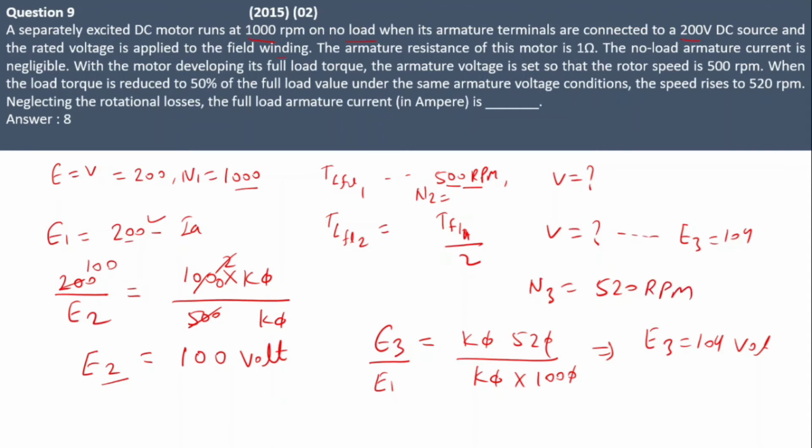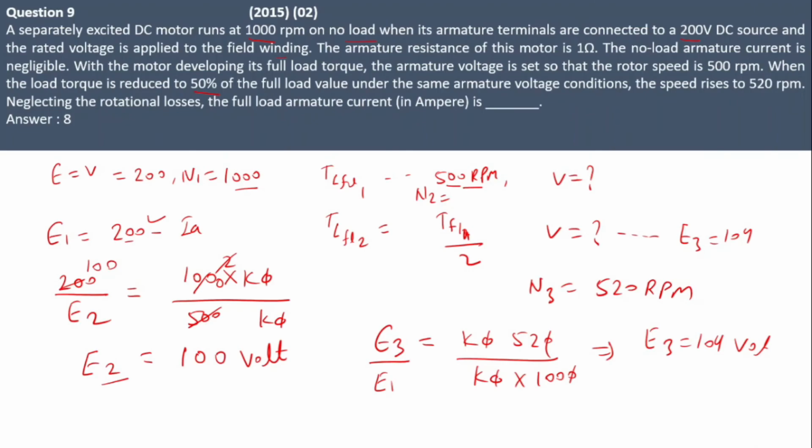So another relationship you can find out from this condition: armature current negligible and motor developing its full load torque, the speed rises to 520 rpm when the load torque is reduced to 50%. Okay, so from this you can find out the relationship between the armature currents.